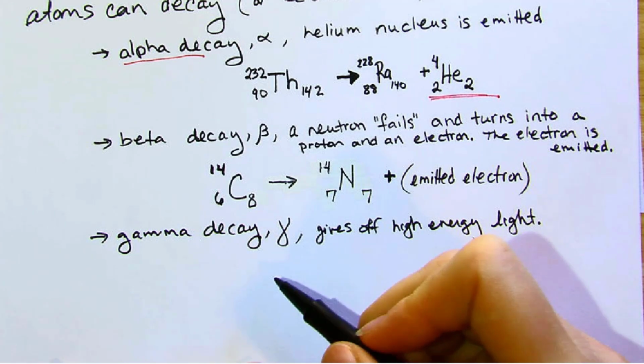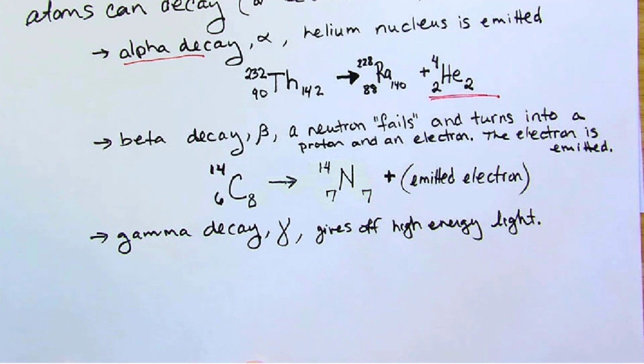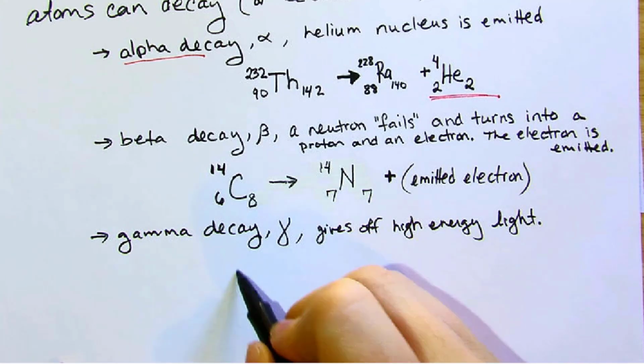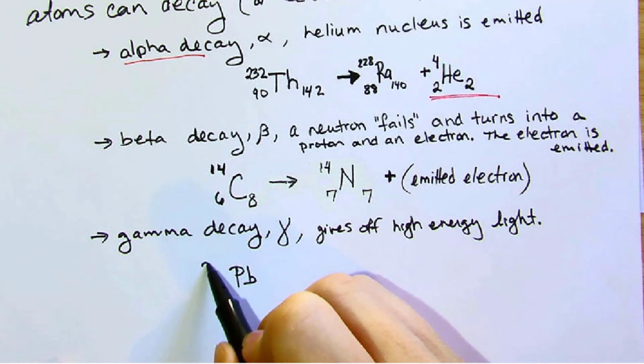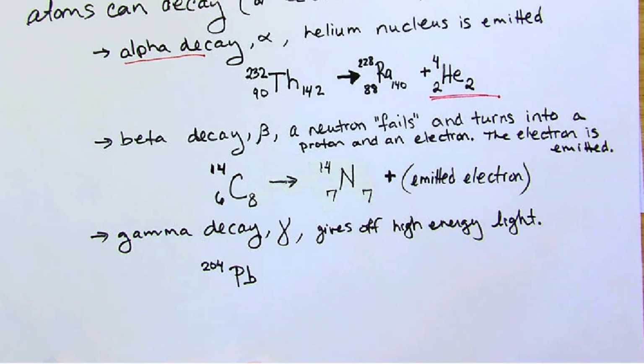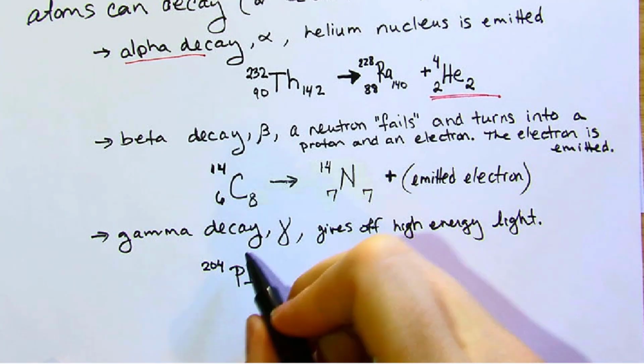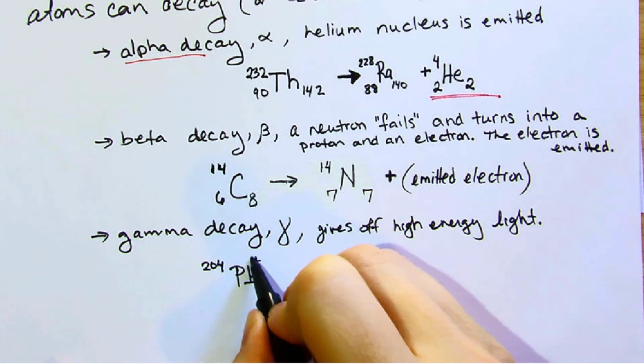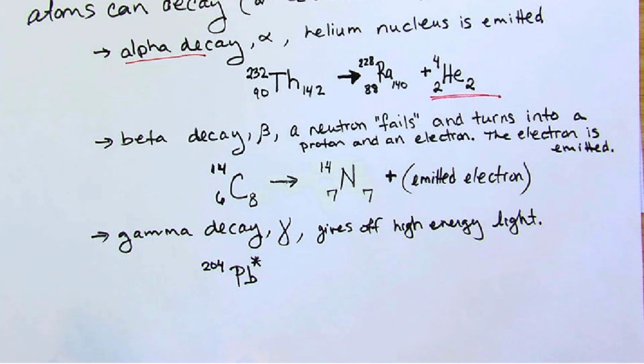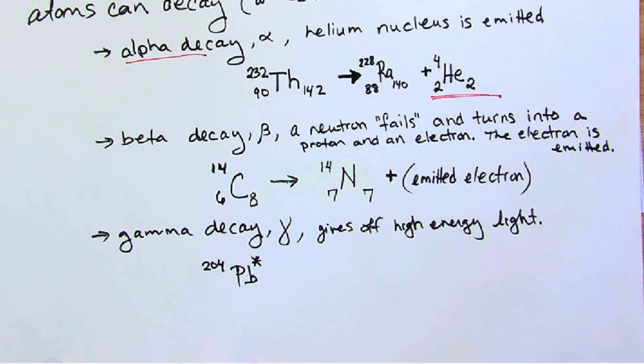So your book gave an example of lead with a mass of 204. And the notation your book uses has a little asterisk right here, basically meaning it was high energy. You can imagine it like kind of vibrating extra fast.